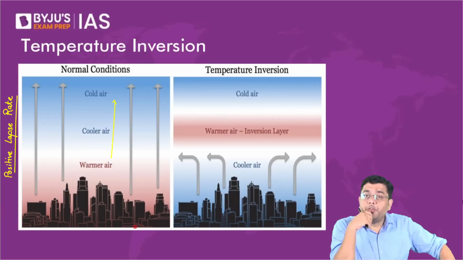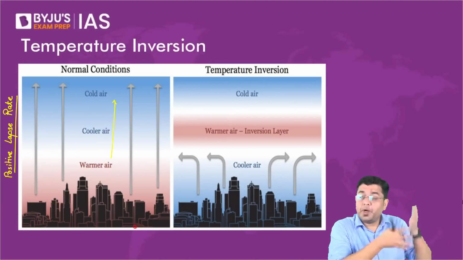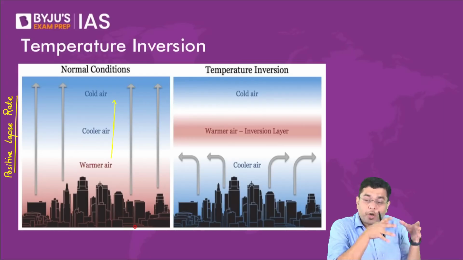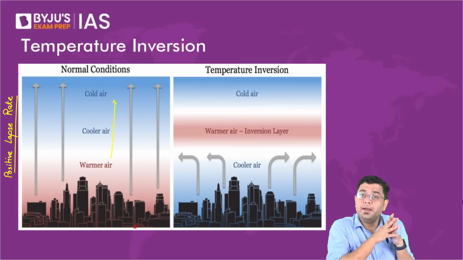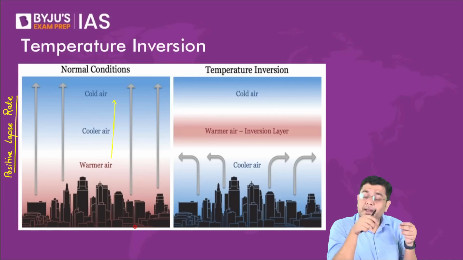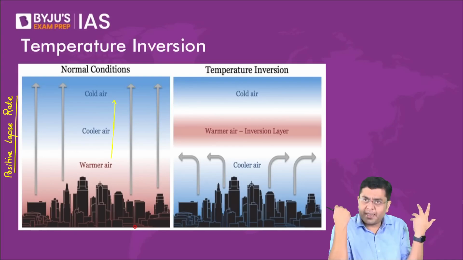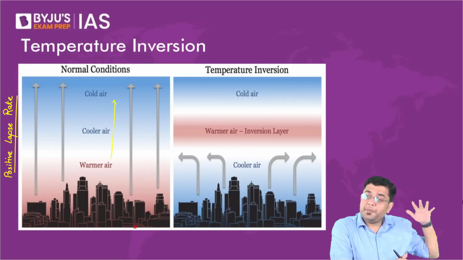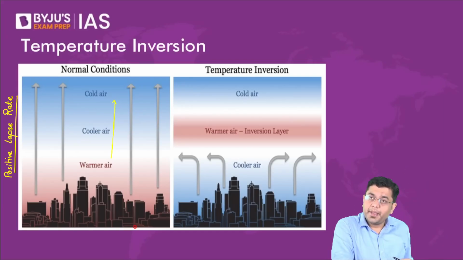So whenever you have a positive lapse rate, you have a significant vertical motion of air or wind. We have studied that. Warm air is always going to be lighter because the particles have a greater amount of energy, so they will escape the system. So it will always rise up, just like a convection current, and the cold air will always be heavier and will try to sink down.